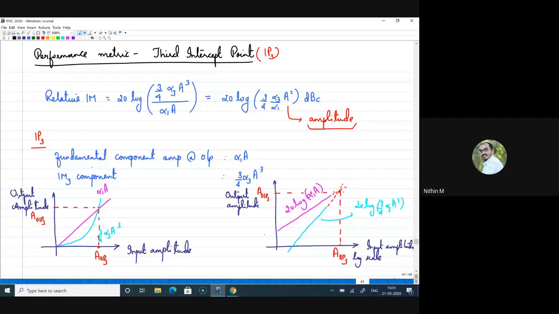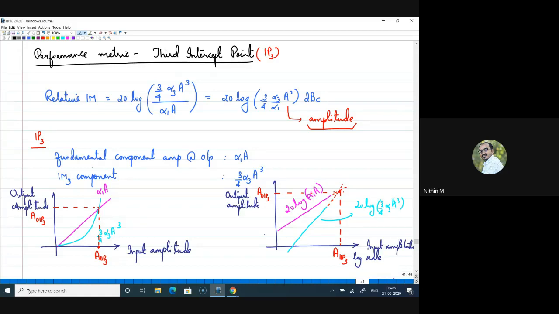The fundamental component is taken as alpha 1 a, and the IM3 component is taken as 3 by 4 alpha 3 a cube. By plotting those and getting the intercept, the point where these two meet, we get the fundamental component at the output and the intermodulation component at the output.